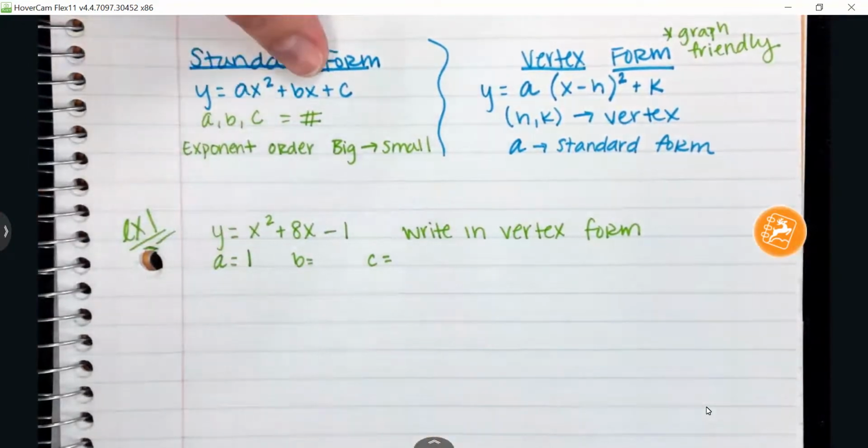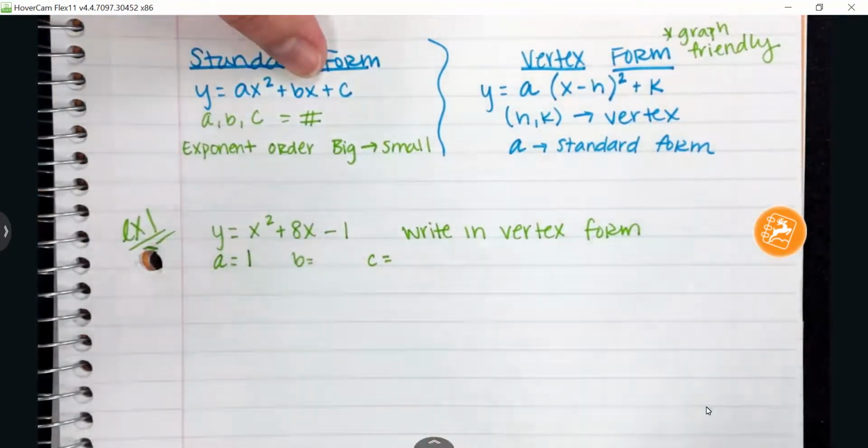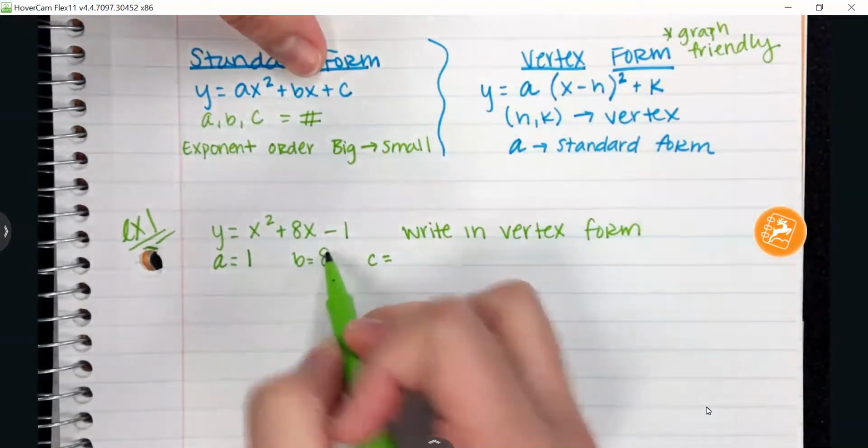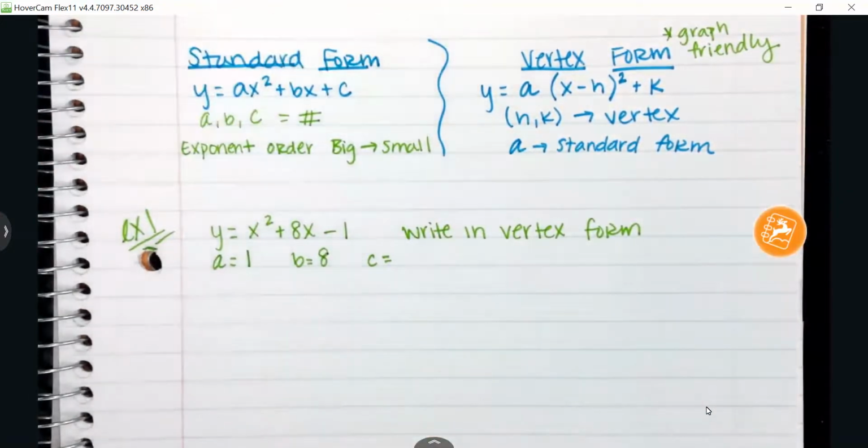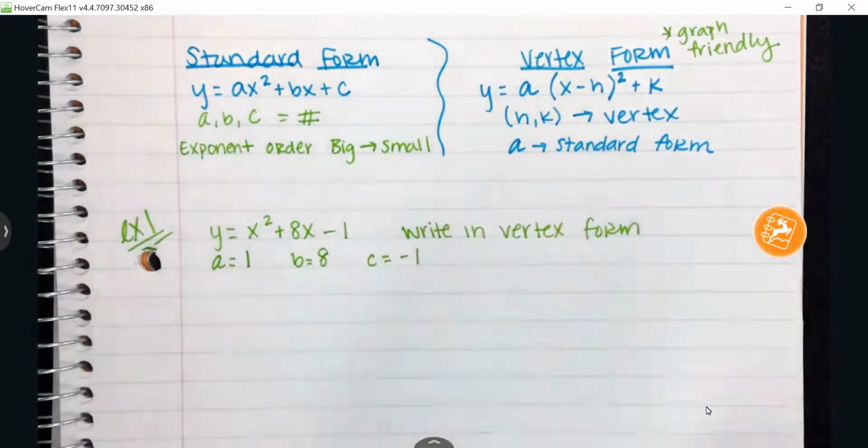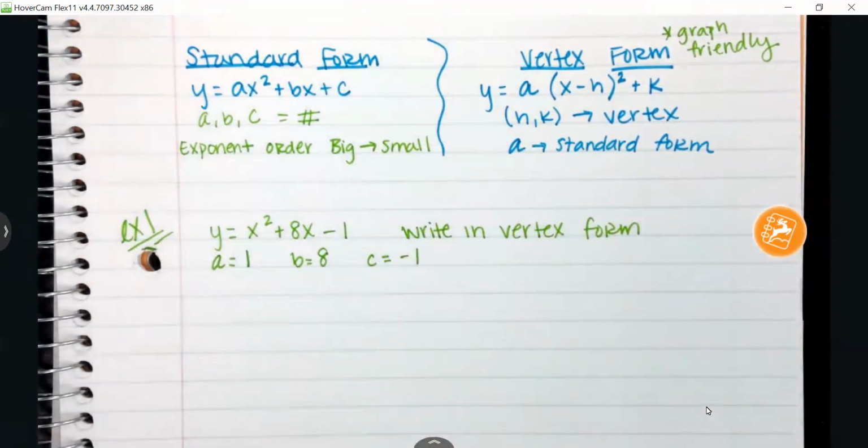B is in front of x. So what number is in front of x? 8. C is just the number all by itself. What number is all by itself? -1. You got to keep the sign with it. Questions so far? So A, B, and C come from my standard equation.